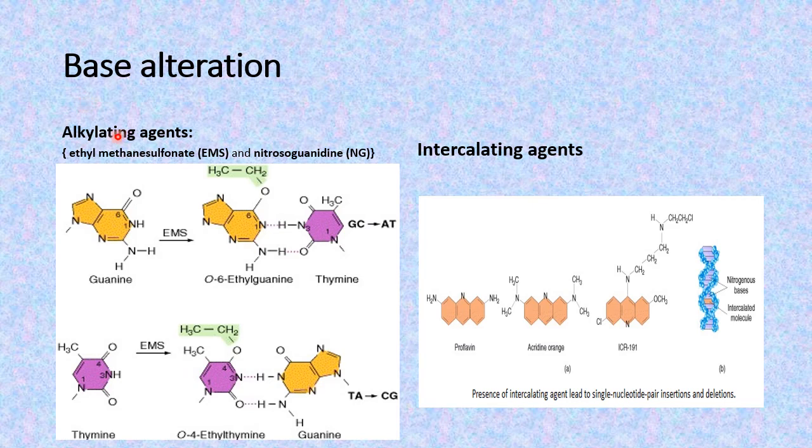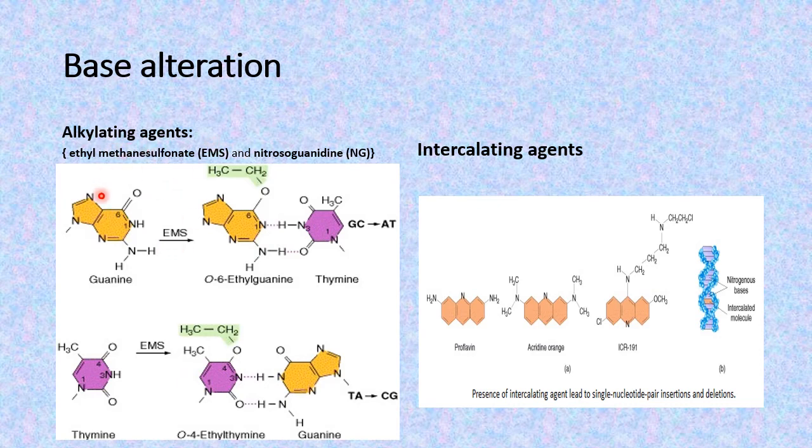Another point may be that the existing nitrogen base is not replaced by any of its analog. Instead, there is a change in the basic chemical structure of the nitrogen base itself. There are certain chemical mutagens, like the alkylating agents.